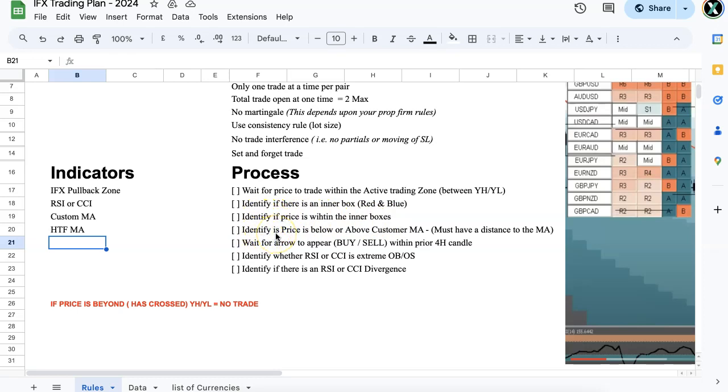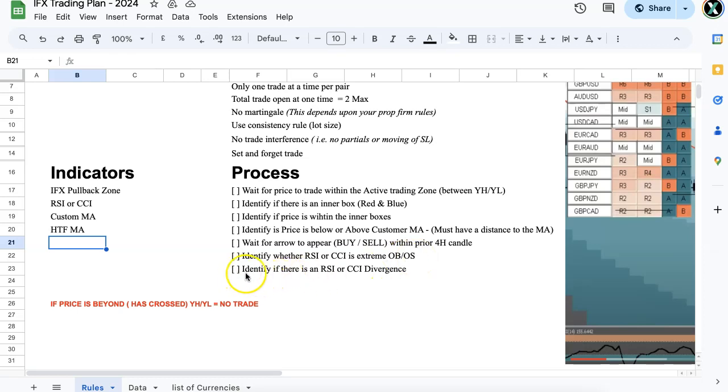We're going to identify if we are above or below the moving average, okay? Wait for the arrow to appear, buy or sell, within the prior 4-hour candle. Then identify whether the RSI or CCI is in extreme overbought or oversold conditions, okay? This is OB, overbought, and OS is oversold.